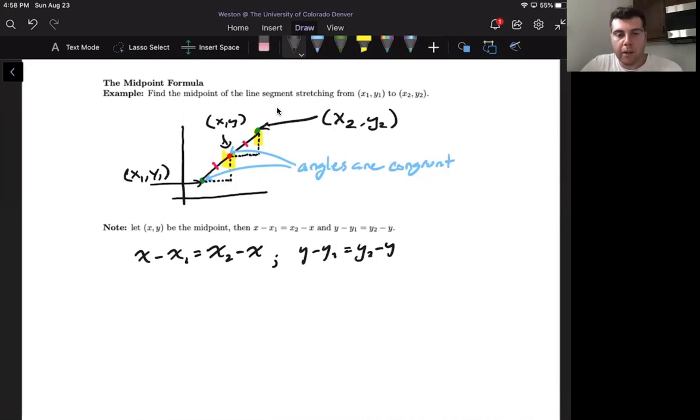And this is a good point to pause and think about why this is necessarily true.